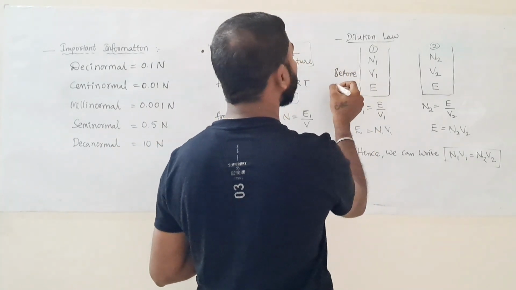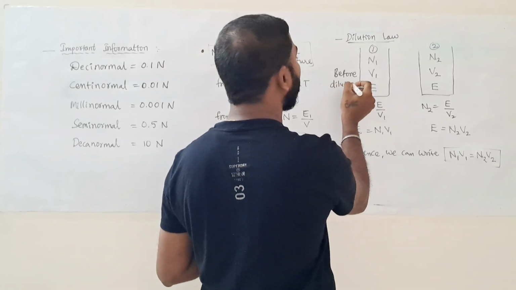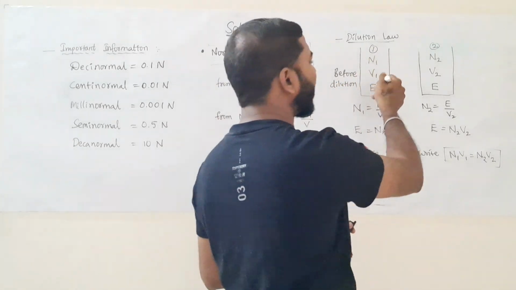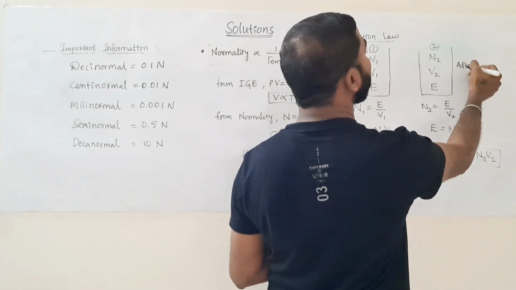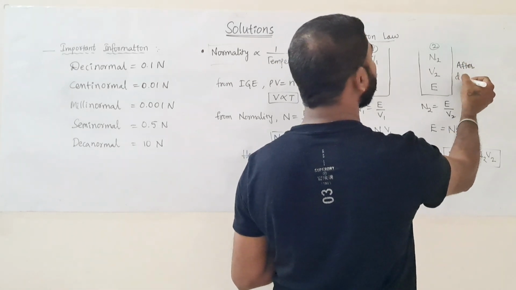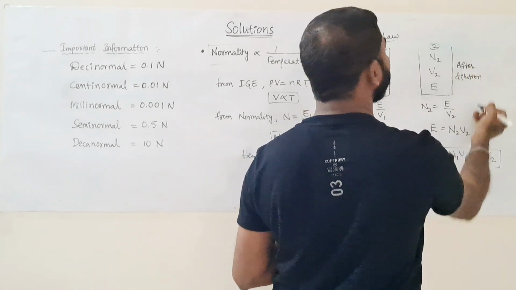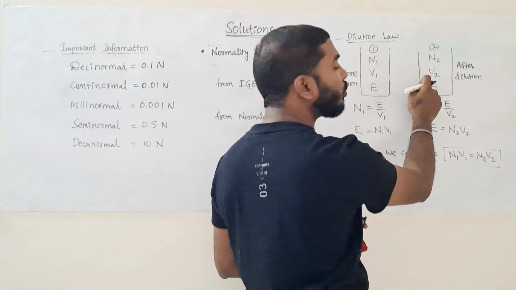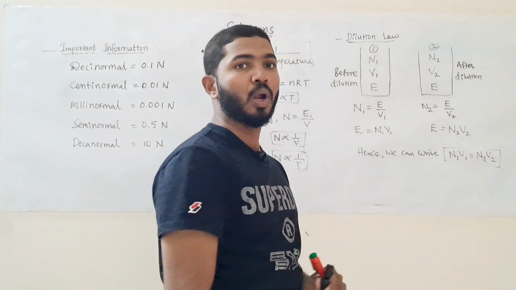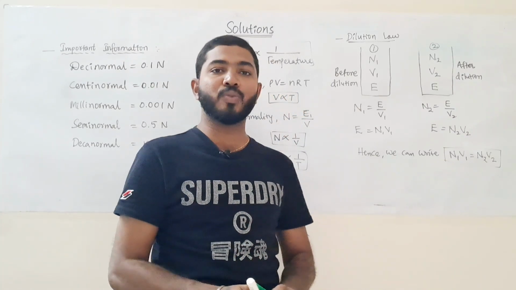So before dilution, the conditions are N1, V1 and E we have assumed. And now after dilution, which particular terms are going to change and which remain the same? After dilution, the normality is N2 and the volume changes to V2, but the equivalents will not change. This is the important point which we need to understand here.